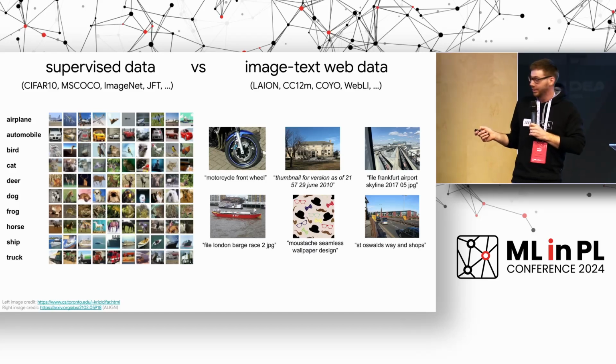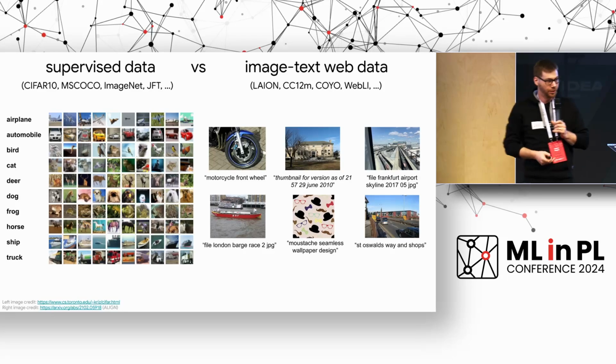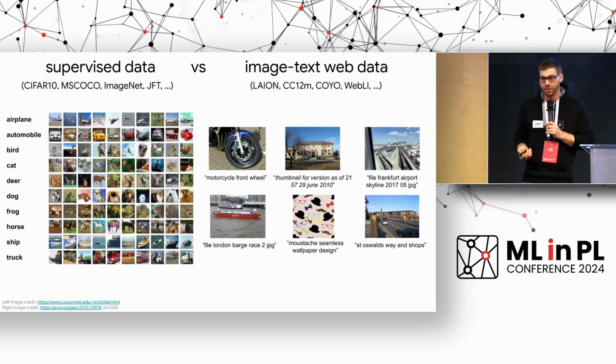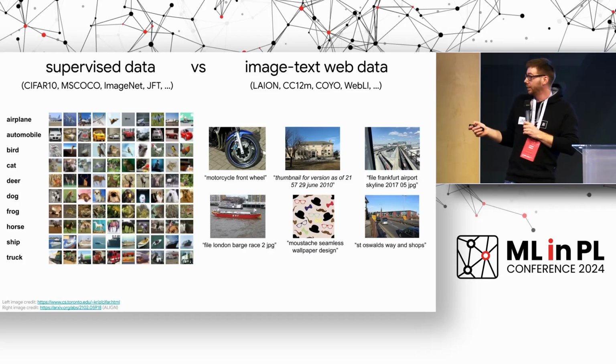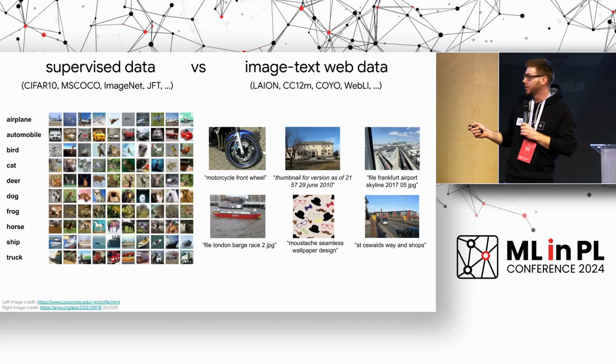But luckily, this changed eventually with CLIP and the line, which said, okay, look, if we go on the web, we have tons of images of completely wild things that people everywhere in the world took just because. And a lot of them actually are kind of annotated, but in free-form text.